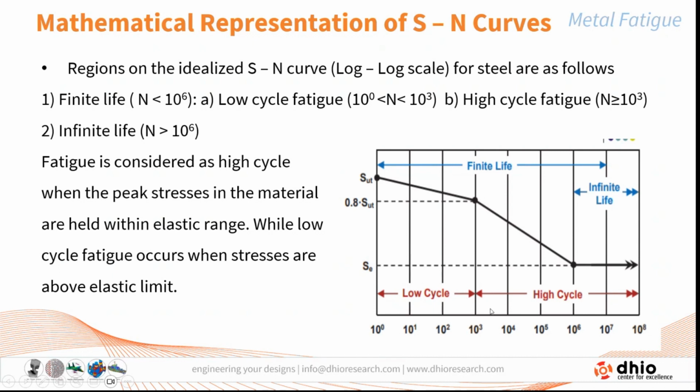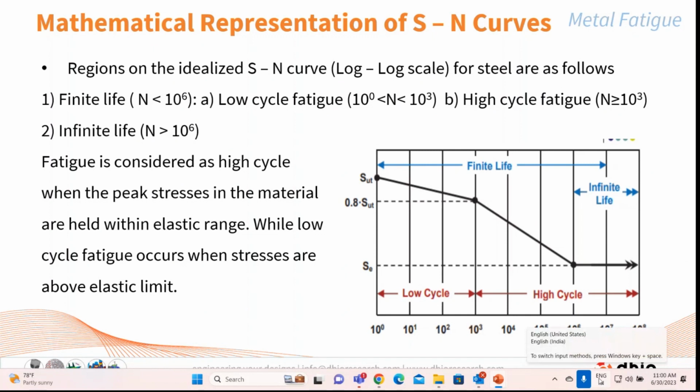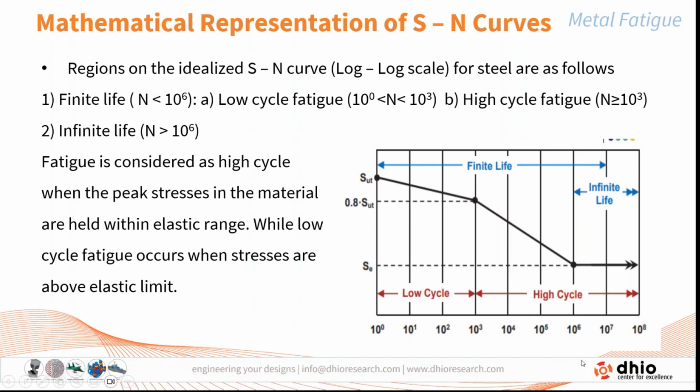Any material which sustains more than 1,000 cycles, but within 10 raised to the power of 6 cycles, that is nearly about 10 million cycles, if it is within that range, then we define the behavior of the material as high cycle fatigue. Anything which is more than 10 raised to the power of 6 cycles is called a material which has infinite life.